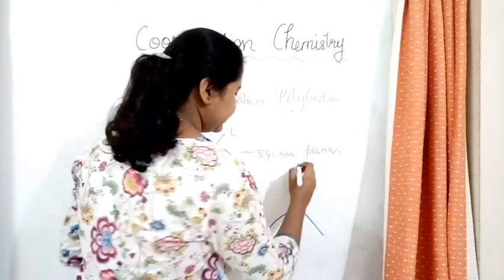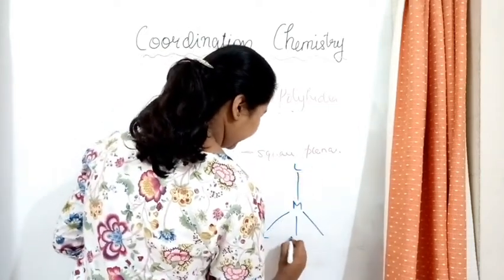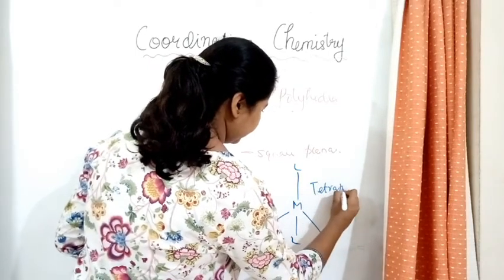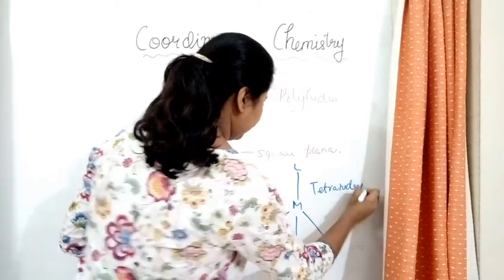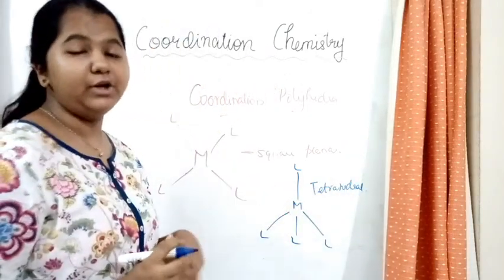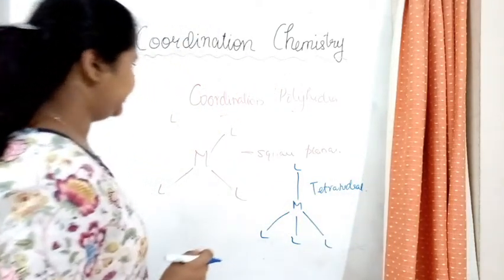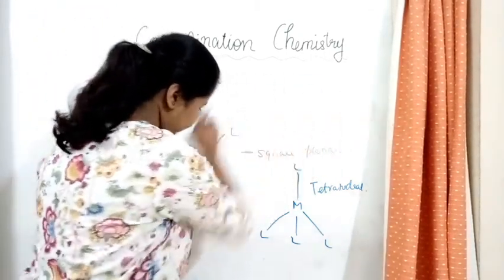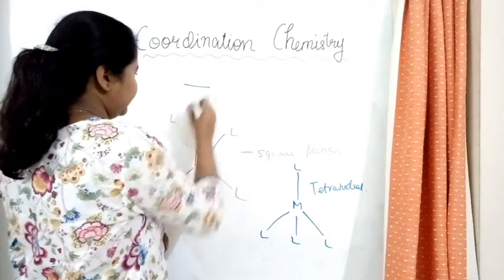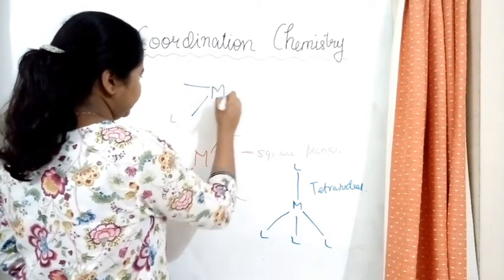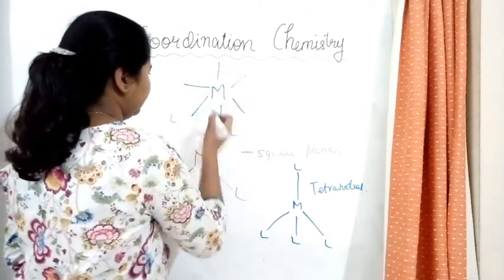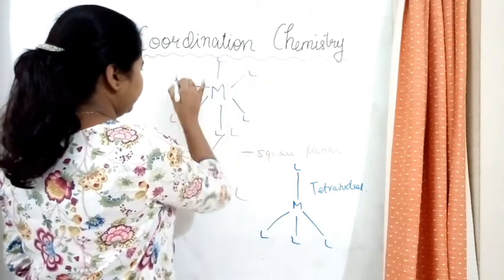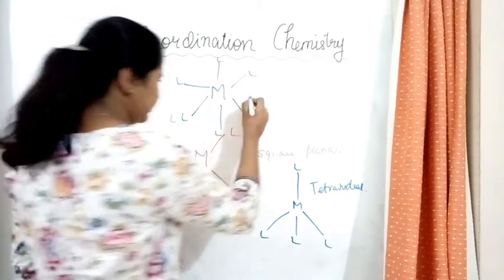This is tetrahedral. Then we have octahedral. I'm drawing it much smaller. Octahedral would be like this. This is octahedral.